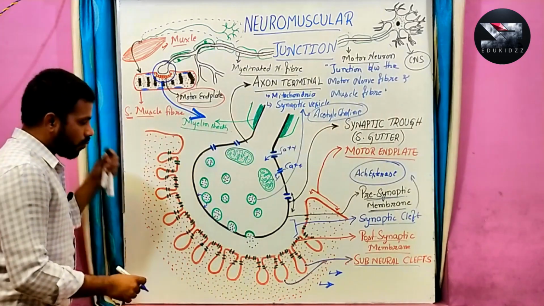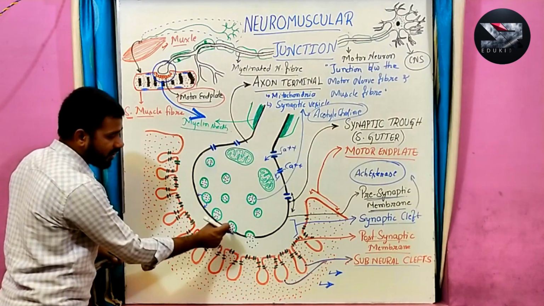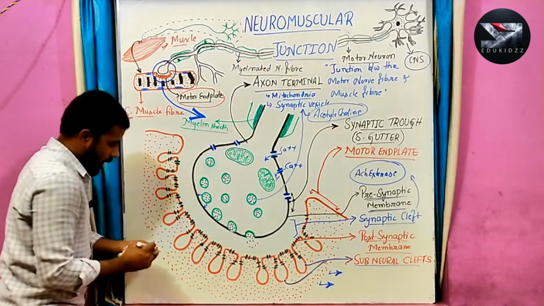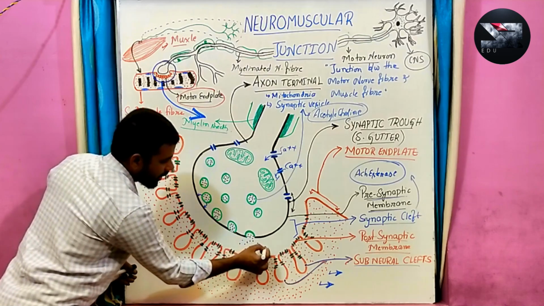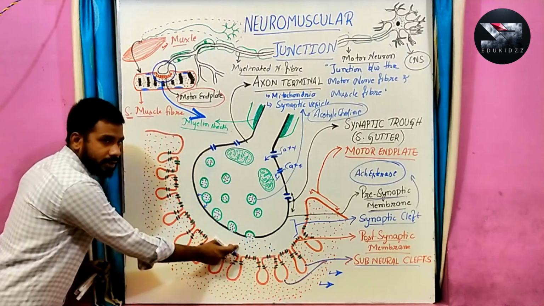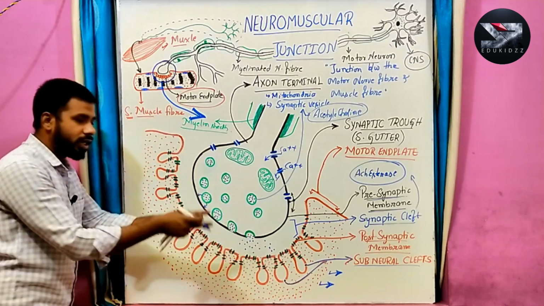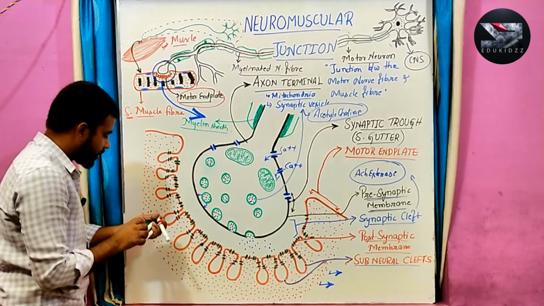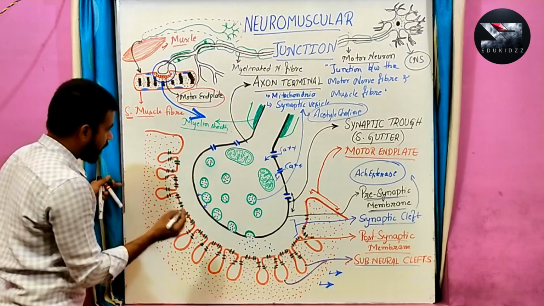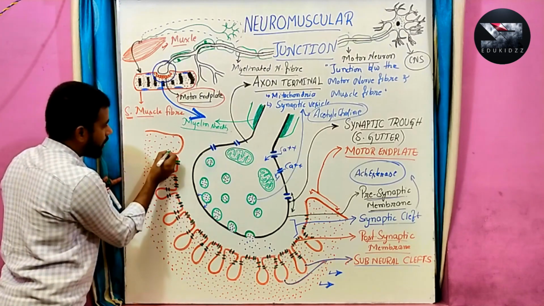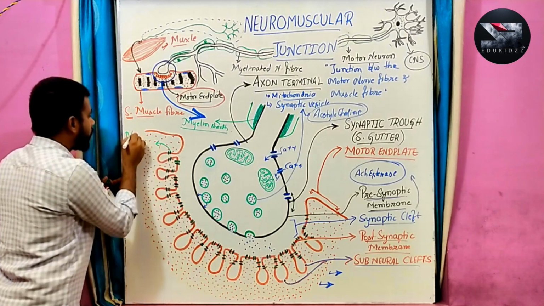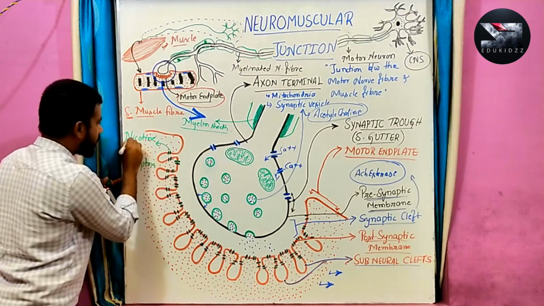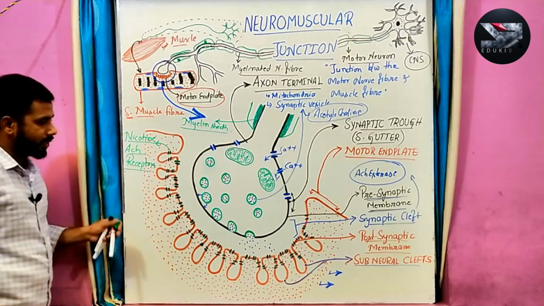Now, what happens after the fusion of these synaptic vesicles to the presynaptic membrane? It releases the neurotransmitter acetylcholine. This acetylcholine generally attaches to the receptors, which you can see in the postsynaptic membrane. These receptors are nicotinic ACh receptors, that means nicotinic acetylcholine receptors.